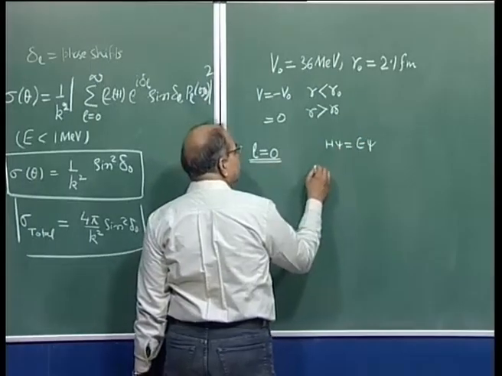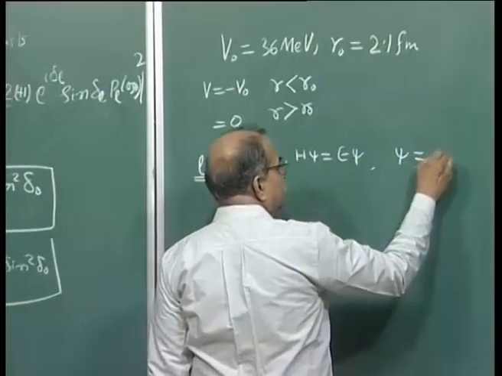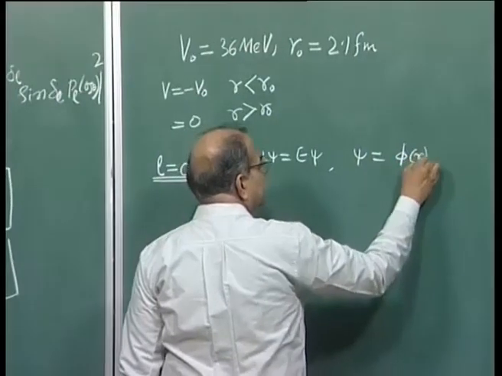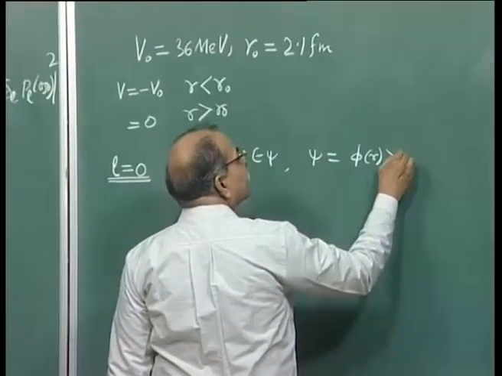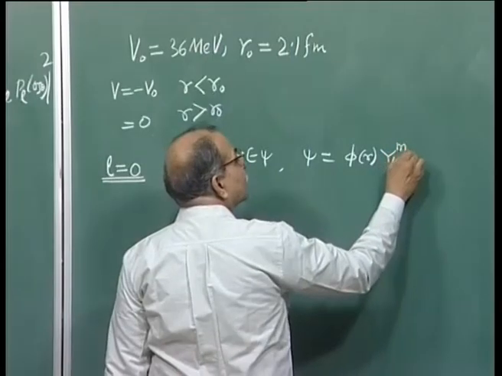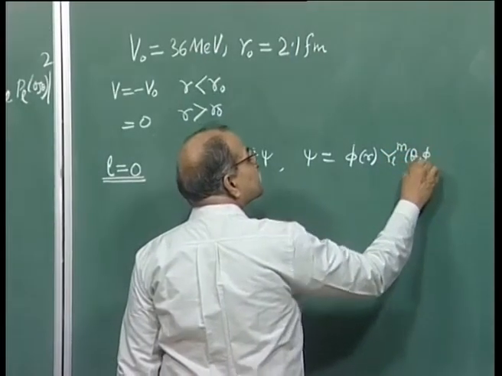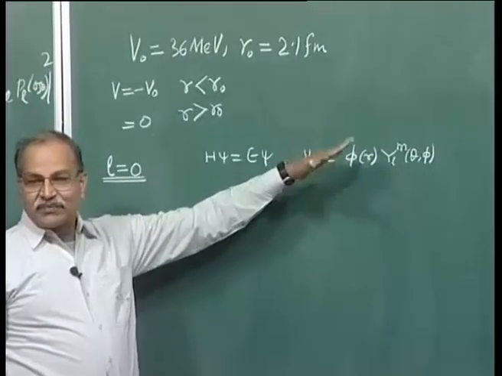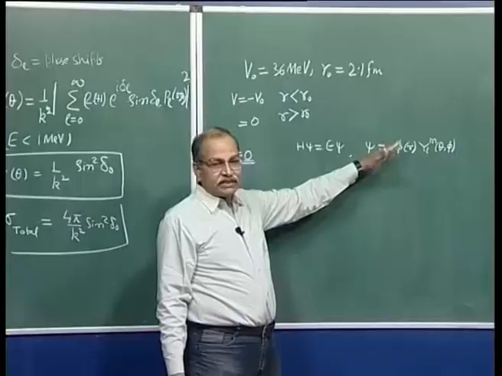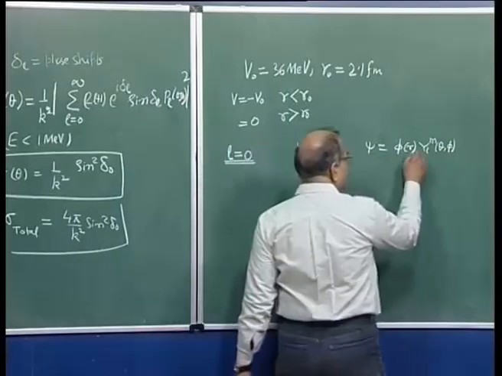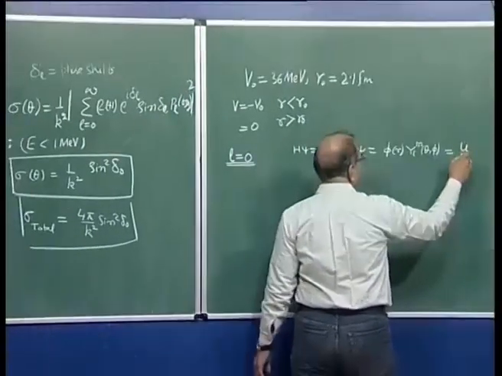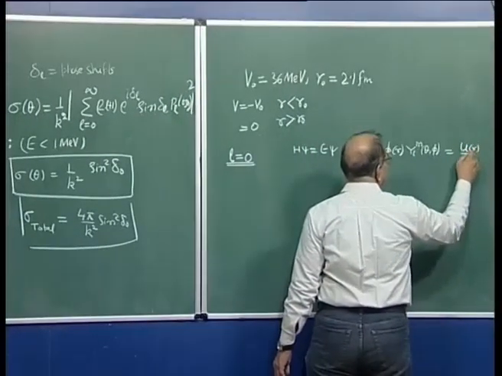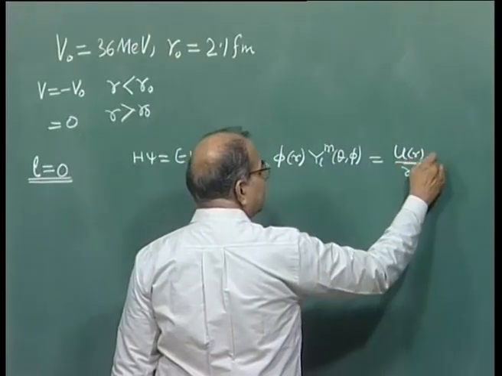You can write psi as the radial part times Y Lm theta phi. That theta phi part is spherical harmonics, you know that for central potential, and the radial part is u by r. So, you define u in this fashion.